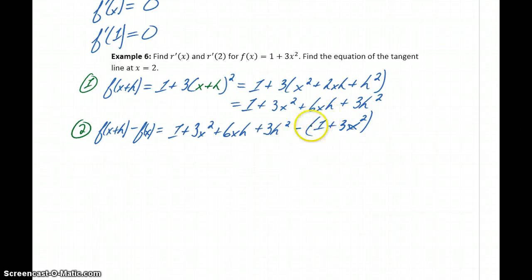I put this second function, f of x, in parentheses just so that I know the negative should be distributed through. So really we could rewrite this as plus negative 1 minus 3x squared, which means our minus 3x squared and plus 3x squared will cancel, minus 1 and plus 1 will cancel, leaving us with 6xh plus 3h squared.